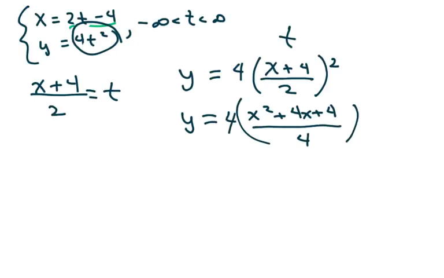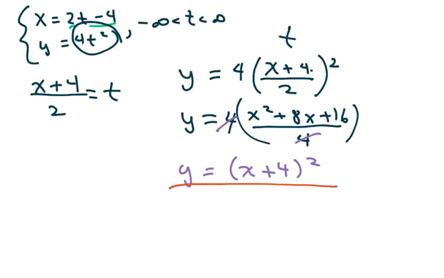And what happens is these 4's cancel. So you get y equals (x plus 4) squared. And I wrote this part wrong. If you square that, that's going to be x squared plus 8x plus 16. Sorry.